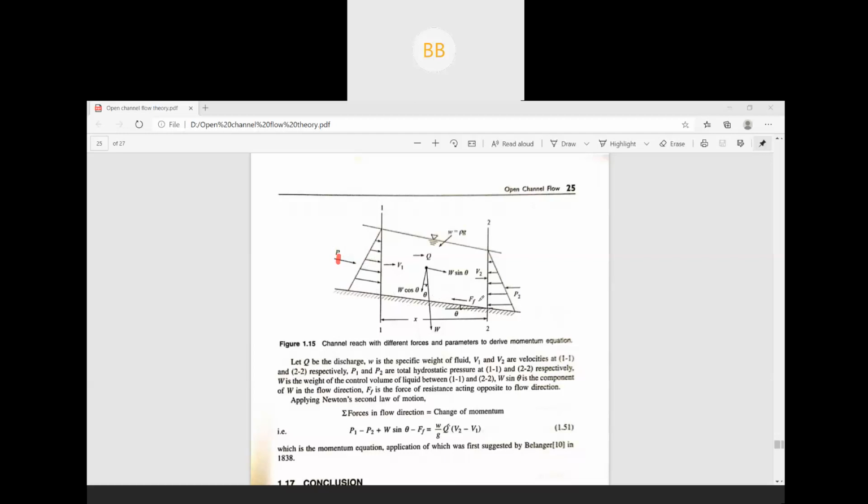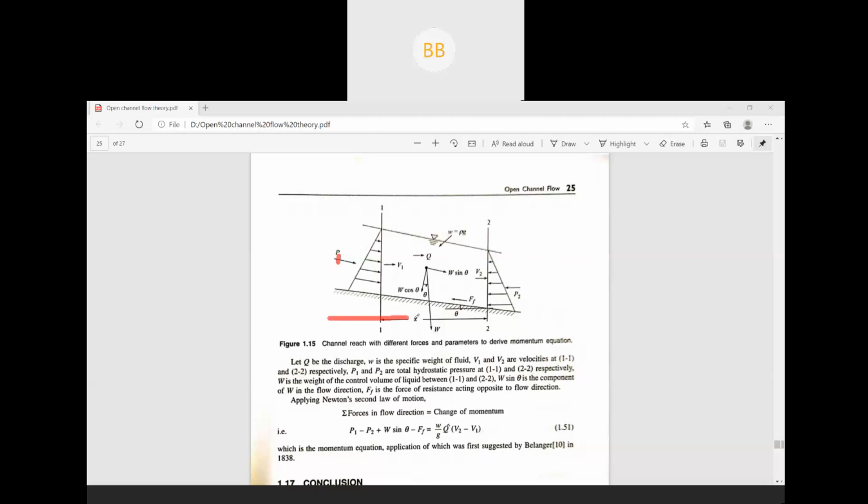That slope is theta, or we can say this theta is the bed slope of the channel. And the distance between the first and second section is x meter.